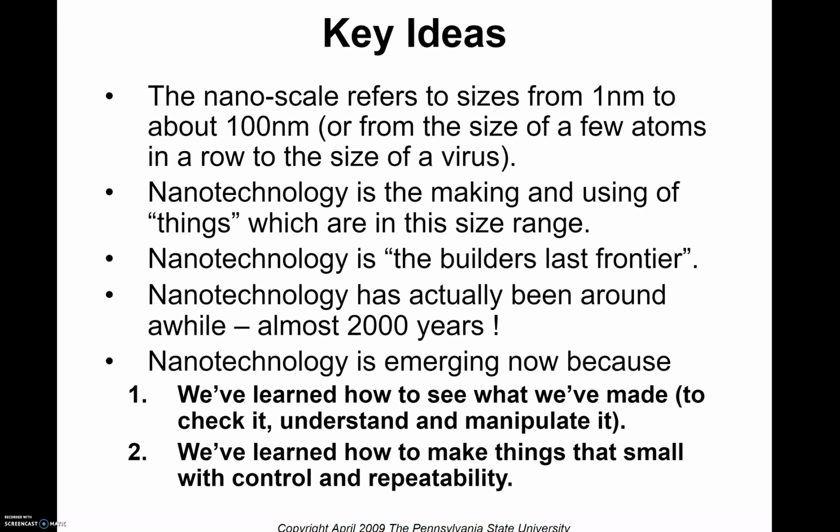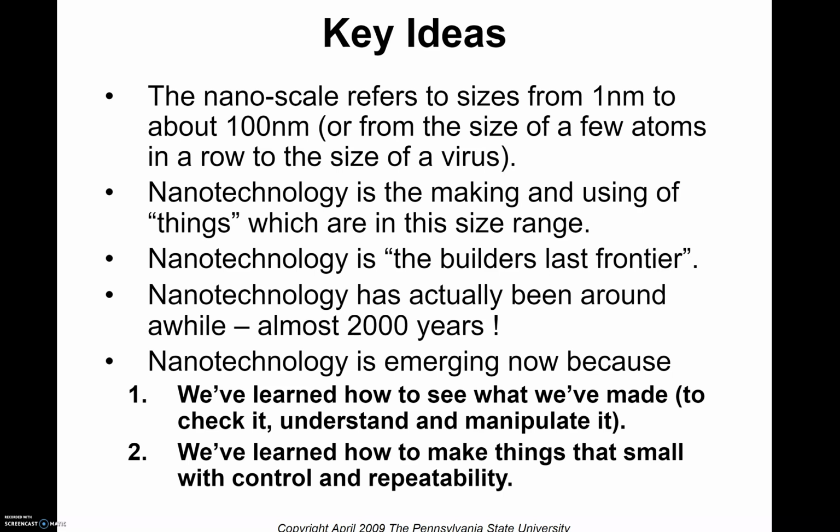Okay, so some key ideas that we would have talked about in these two sections of video. The nanoscale refers to the size from 1 nanometer to 100 nanometers approximately. Nanotechnology is the making and using of things which are in this size range to solve problems or improve things, to do something.